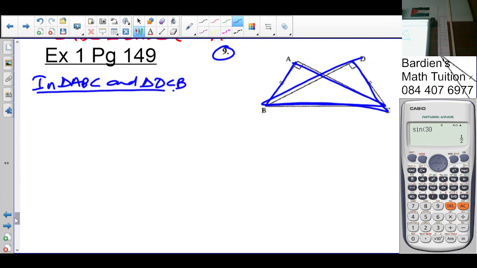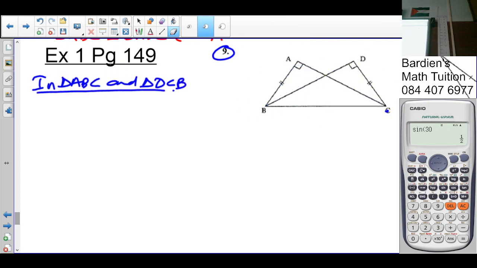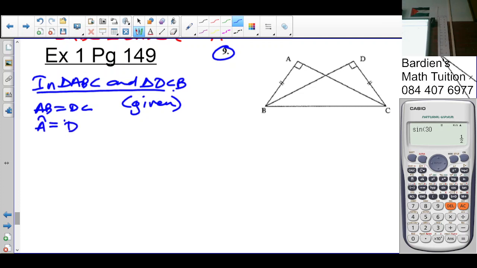What's the first thing we can say about those two triangles? AB is equal to DC. Why? Given. Angle A and angle D are equal to 90 degrees. Why? Given. Last one.